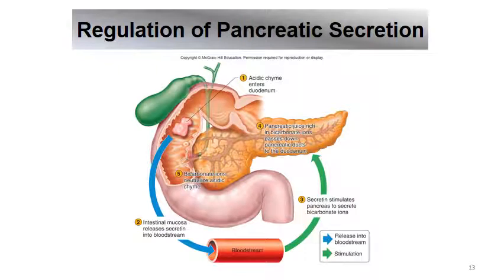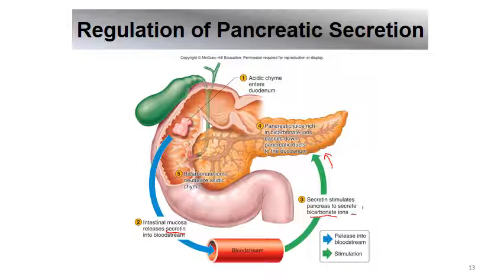Now the pancreatic secretion needs to be regulated. Here it shows the acidic chyme going into the duodenum, which is the first part of the small intestine. When the chyme goes into the small intestine, the intestinal mucosa releases secretin. Secretin goes into the bloodstream first, then goes back to the pancreas to tell the pancreas to release bicarbonate ions.